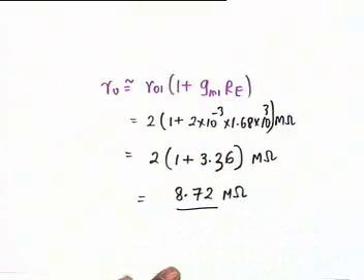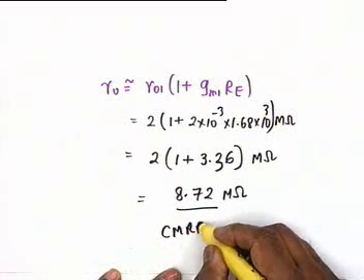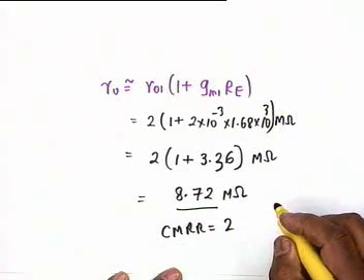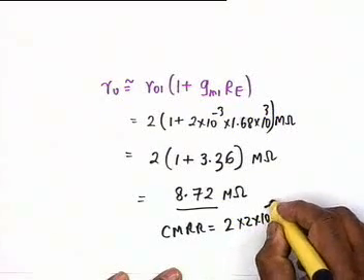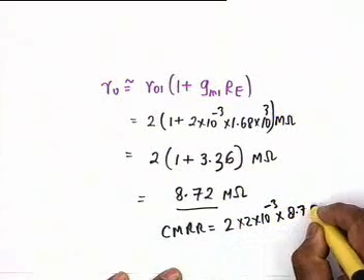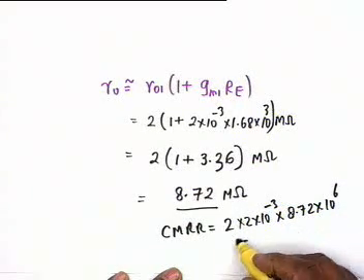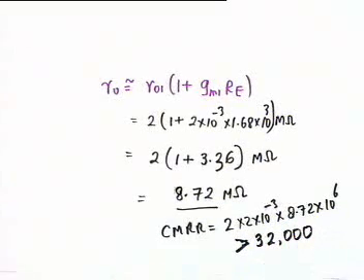With that, the effective REE that you have got is 8.72 meg, and therefore CMRR would be twice GM RE. GM is 2 times 10 to the minus 3 multiplied by 8.72 times 10 to the 6. So how much does this become? Greater than 32,000. A very large CMRR.